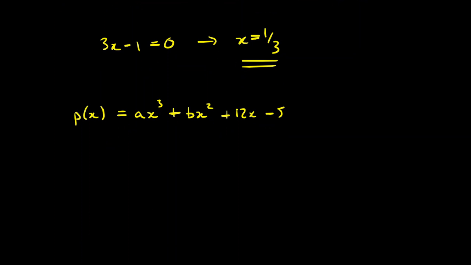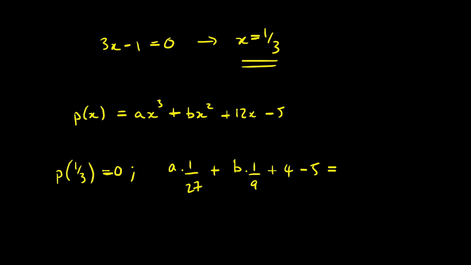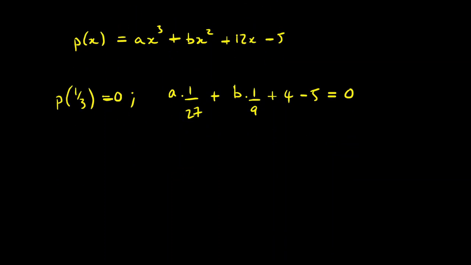And now what we're saying is that p of a third must be equal to 0, because if a third is a root, then the definition of a root is if I substitute it into the polynomial, I will get 0. So this is going to be a times a third cubed, which is 1 upon 27, plus b times a third squared, which is 1 upon 9, plus 12 times a third, which is 4, minus 5 must be equal to 0.